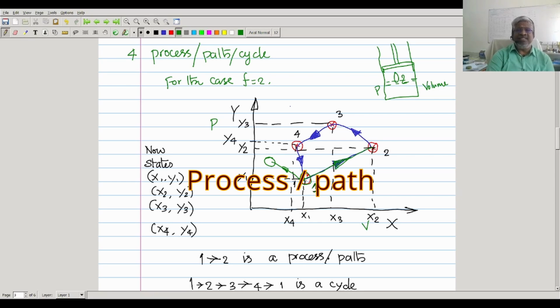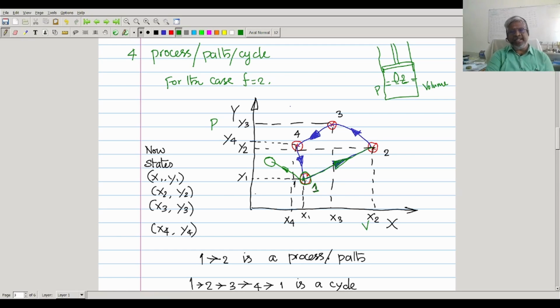A process is nothing but some activity that is going to change the state of the system from state 1 to another state. That is what we call a process or path. Suppose you have more than one process, and all the processes put together make the final state the same as the initial state.